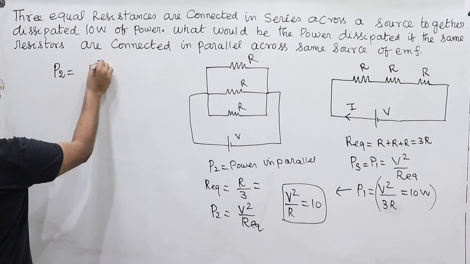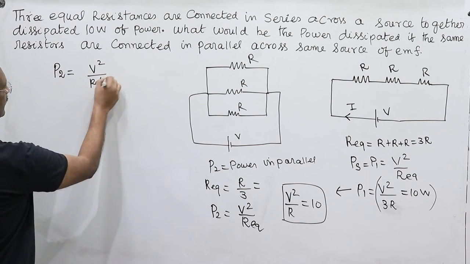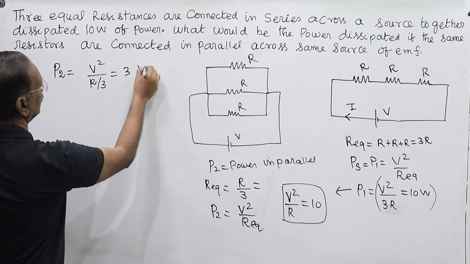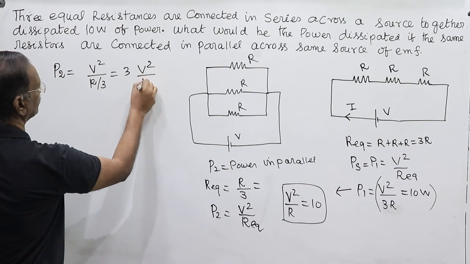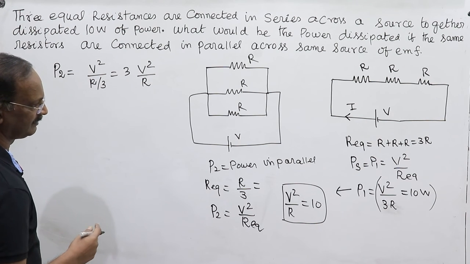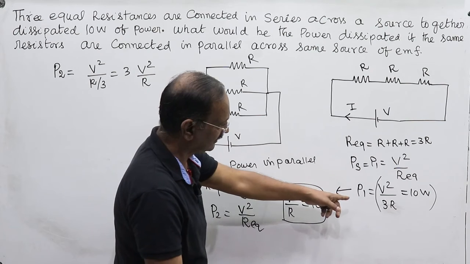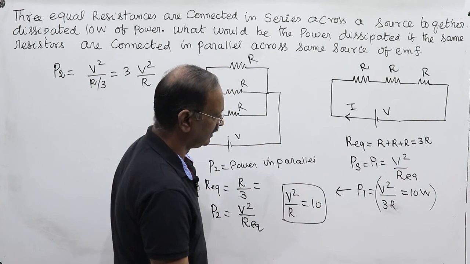That is V squared divided by R/3, which is equal to 3 into V squared by R. From the first equation, V squared by 3R is equal to 10 watt.